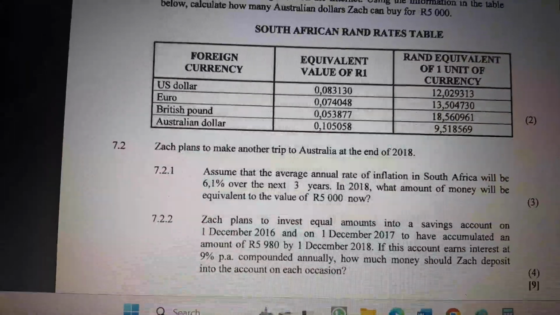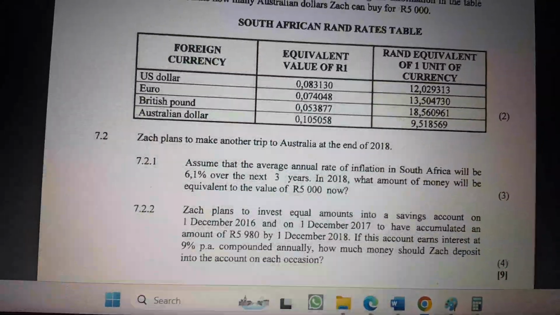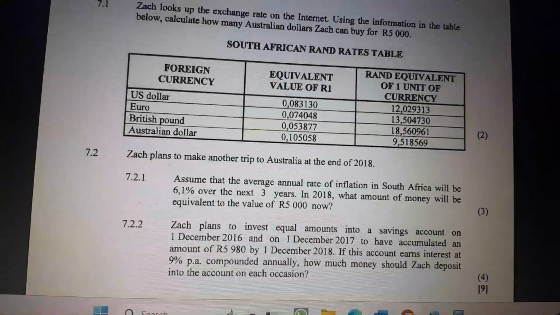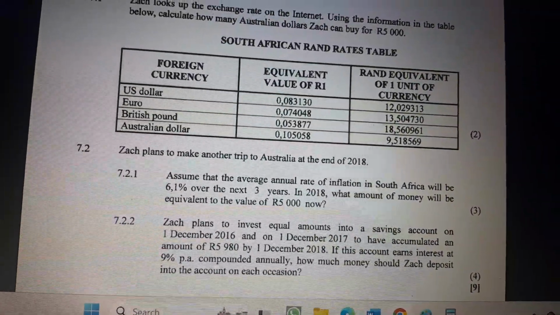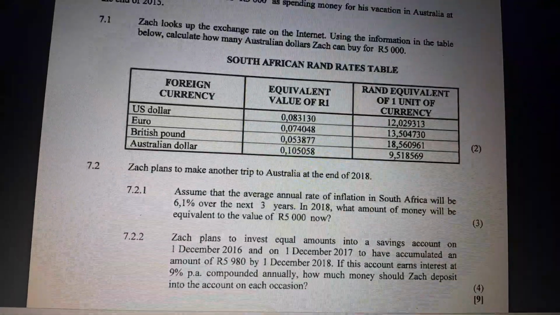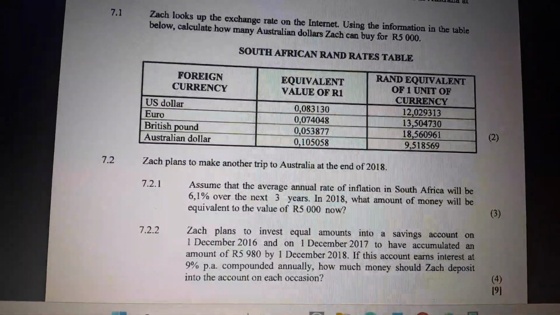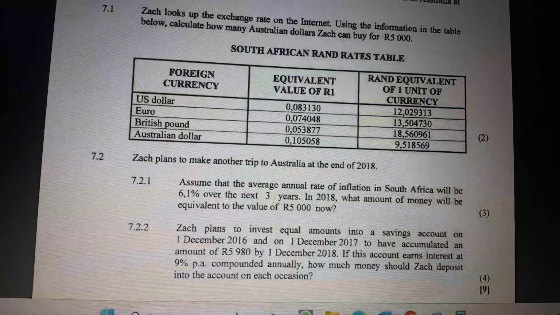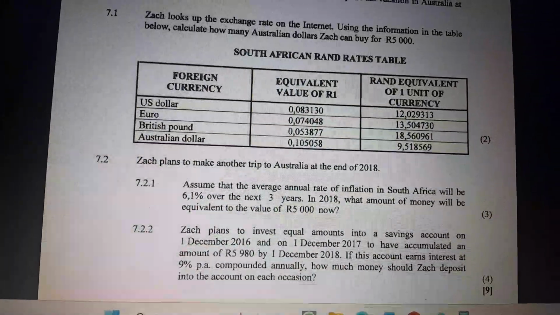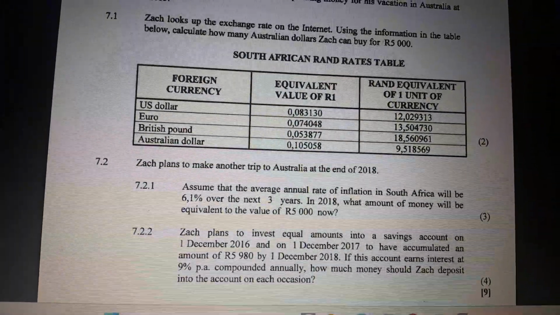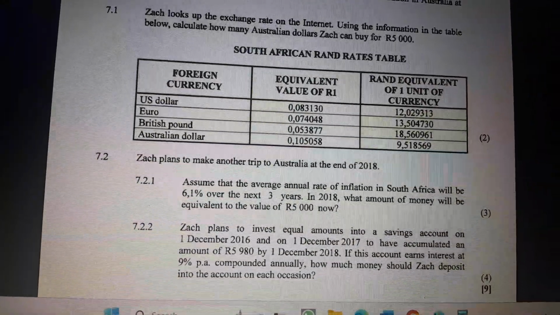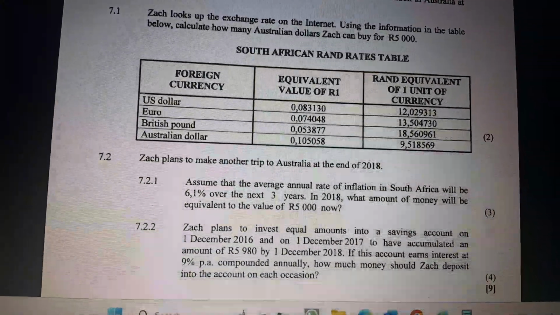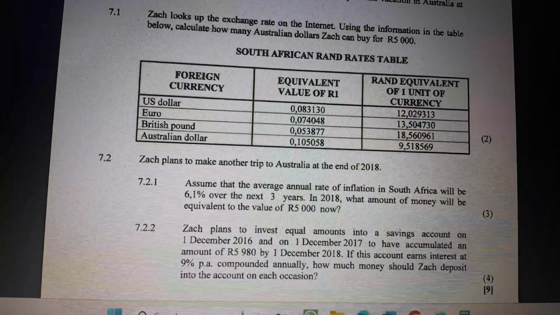Then Zach plans to take a trip to Australia at the end of 2018. Assume that the average annual rate of inflation in South Africa will be 6.10% over the next 3 years. In 2018, what amount of money will be equivalent to the value of 5,000 now? We are assuming here that we are still at 2015.